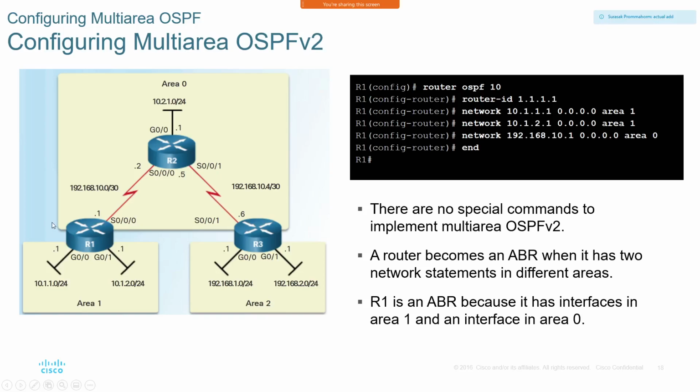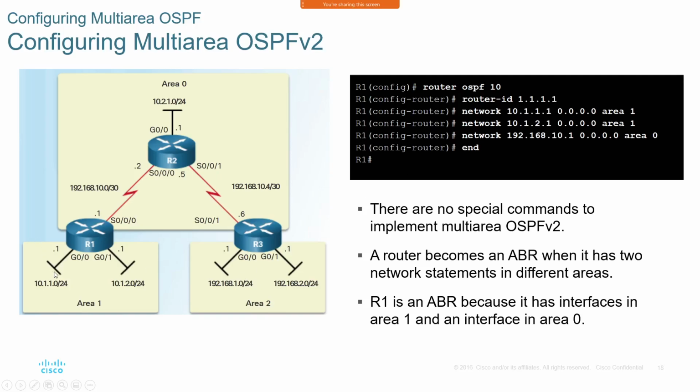Okay, so in that way, I can also use the network command. Yes. This is usually preferred, and you know why? Because you don't have to specify the wildcard mask. If you use the network command instead, you will have to write network 10.1.1.0 and then specify the wildcard mask.